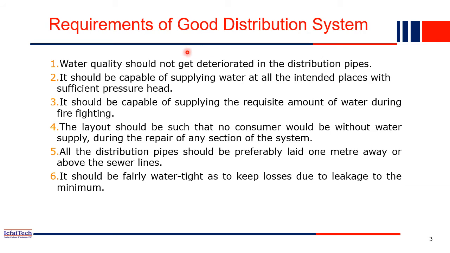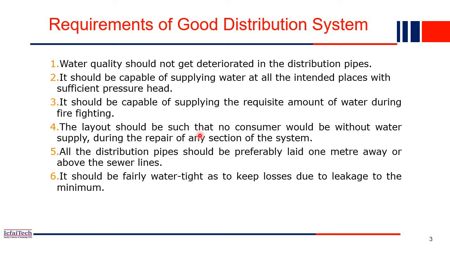Now the requirements of a good distribution system. The water quality should not get deteriorated in the distribution. That is the first and very important parameter, because we have already collected polluted water from the surface and removed all the pollutants present in it, so water should not get degraded again because of the distribution system. It should be capable of supplying water at all intended places with sufficient pressure head.